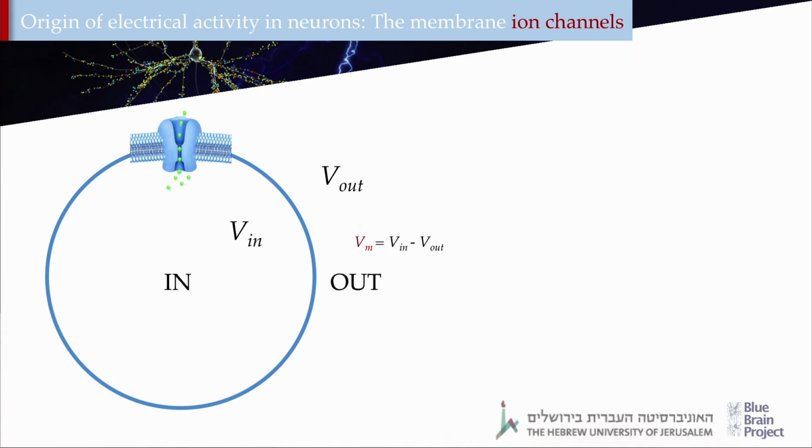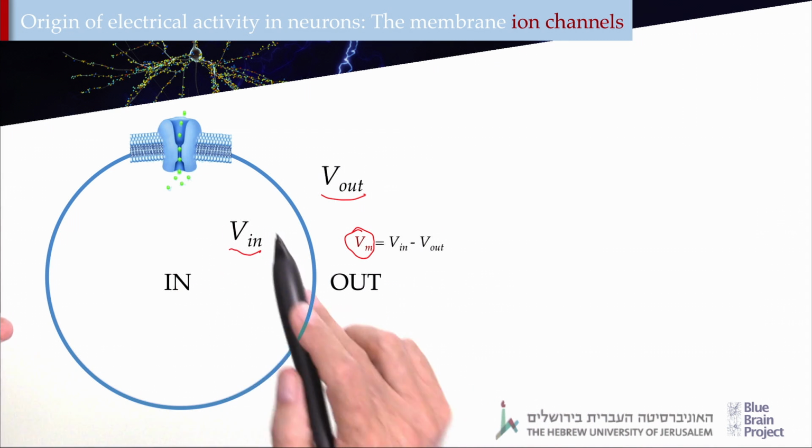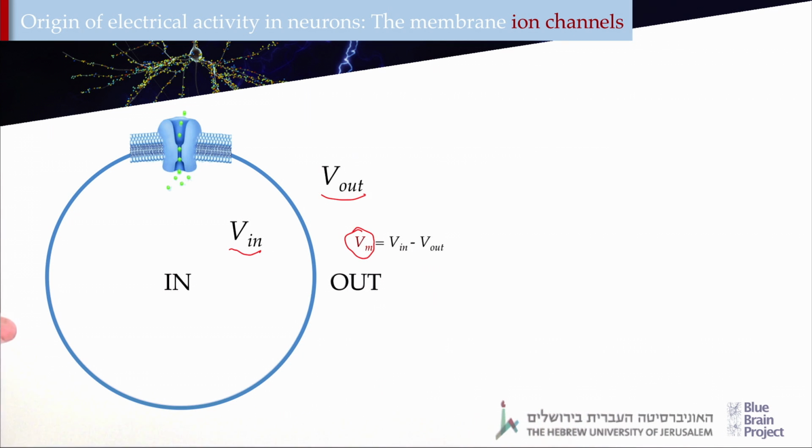And I now define the voltage across the membrane as the difference between the voltage inside of the membrane and the voltage outside. So I define V membrane here as V in minus V out, the difference between the voltage inside the cell and the voltage outside of the cell.